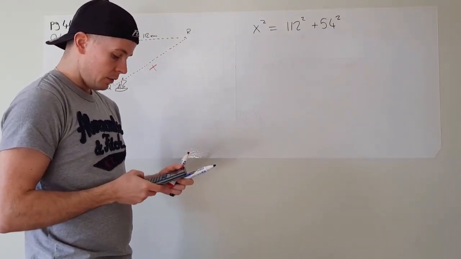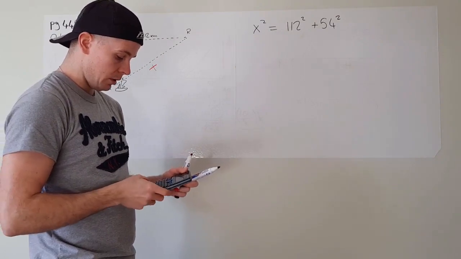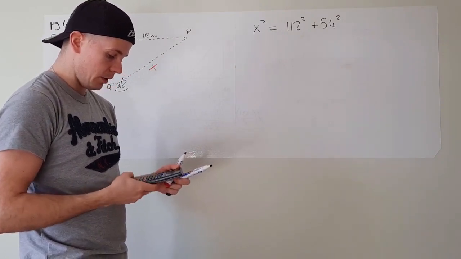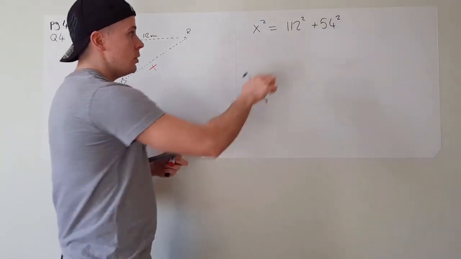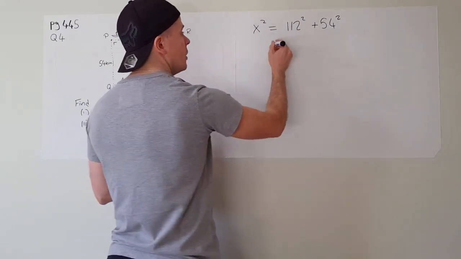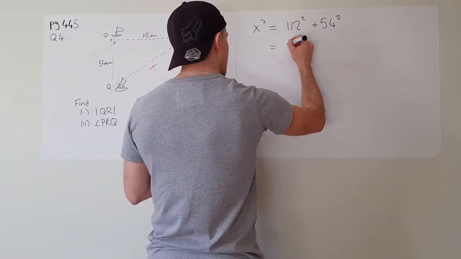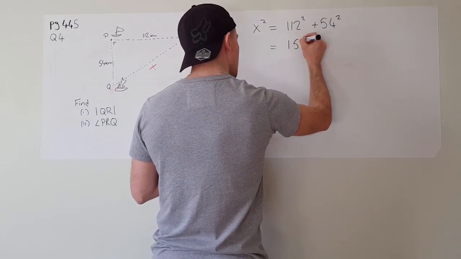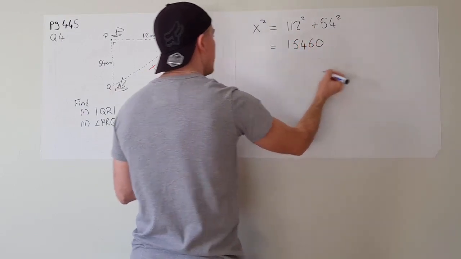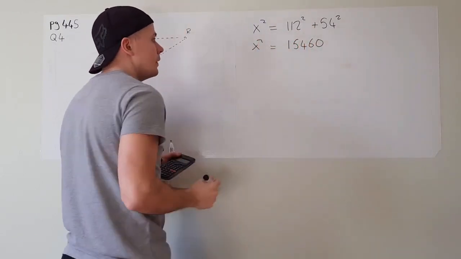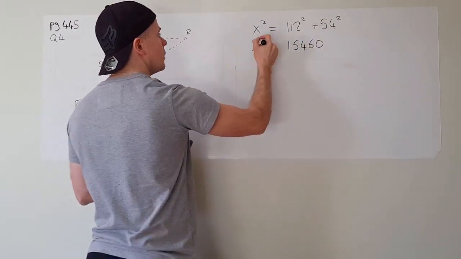So we're going to get 54 squared plus 112 squared. So these two numbers squared and added together is going to give us 15460, and that is the length of X squared.